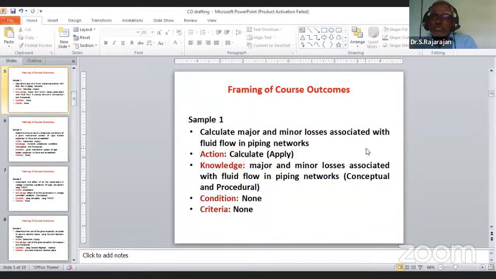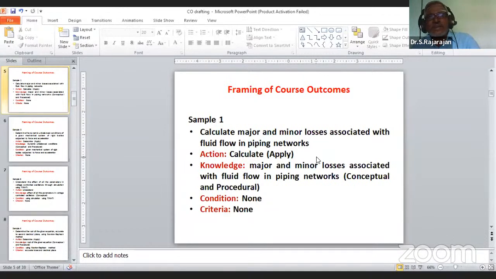Without writing the questions, we cannot measure the outcome, or find out how much attainment has been arrived at, without questioning. That's what I am telling. All the course outcomes must be SMART: S for specific, M for measurable. Measurable means you have to ask the question, and the student has to answer it.